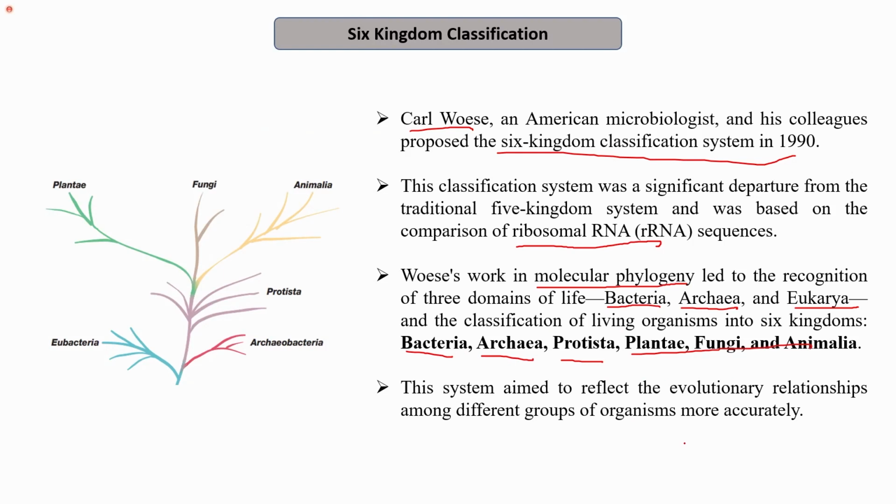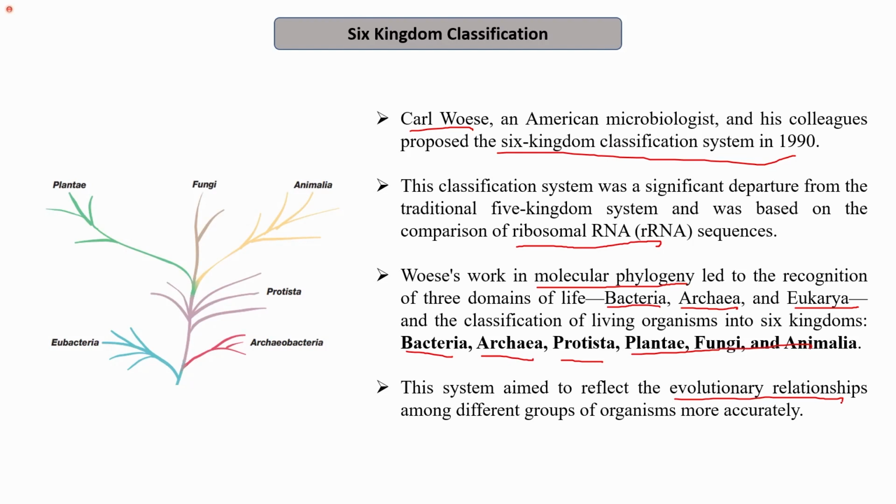So basically, the system aimed to reflect the evolutionary relationship. This is very important, because before that, much focus was not given to evolutionary relationship, and therefore some organisms were placed inappropriately into different kingdoms. But from now, the focus shifted more towards the evolutionary relationship. It was based on the molecular phylogeny from the rRNA sequencing, that is the ribosomal RNA sequencing.